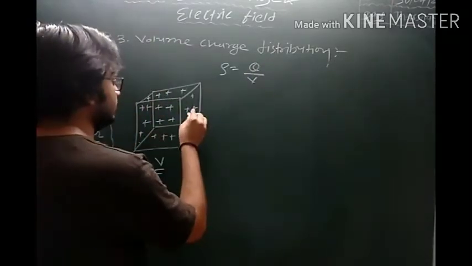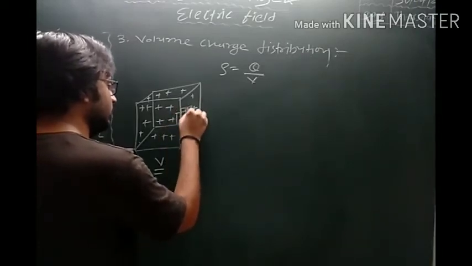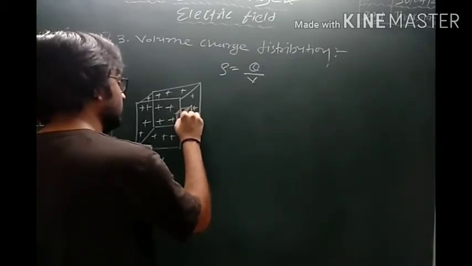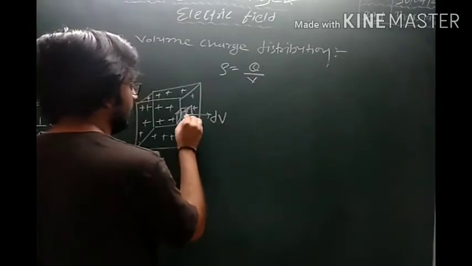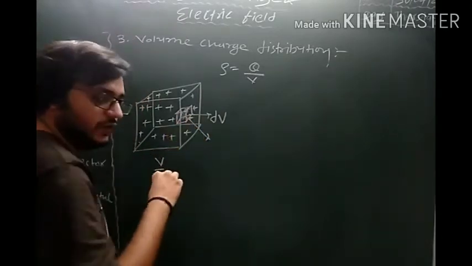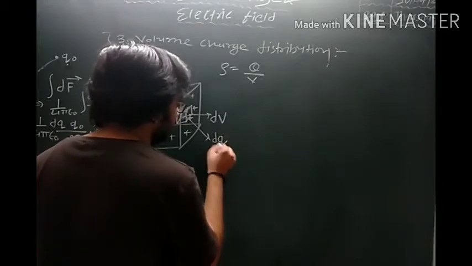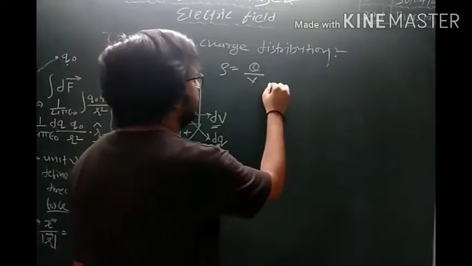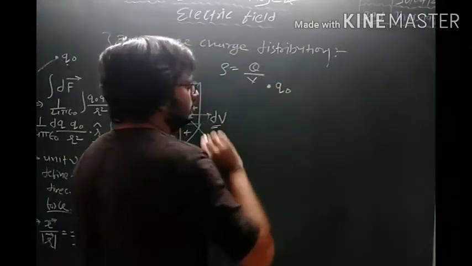Okay, so here we take a small region in this volume, which is a very small volume. So we take here dV, and the charge distributed on this volume is a small dq. Okay, now we want to find out the electric field or electric force on this point.